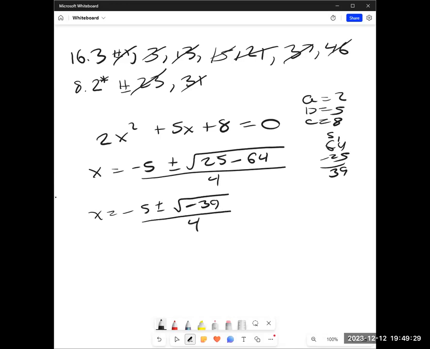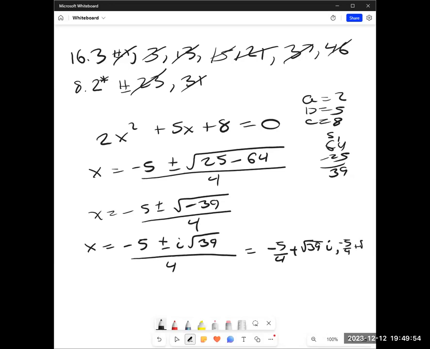And all that I can do here is pull that i out, and write this as negative 5 over 4 plus root 39 i. Make sure you're clear that the i is on the outside.